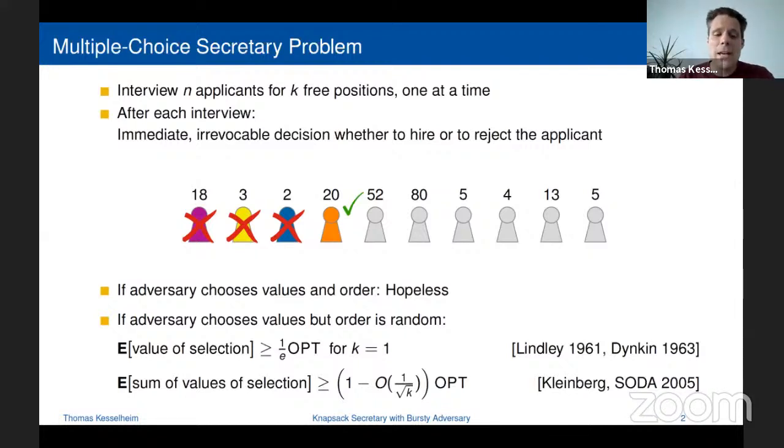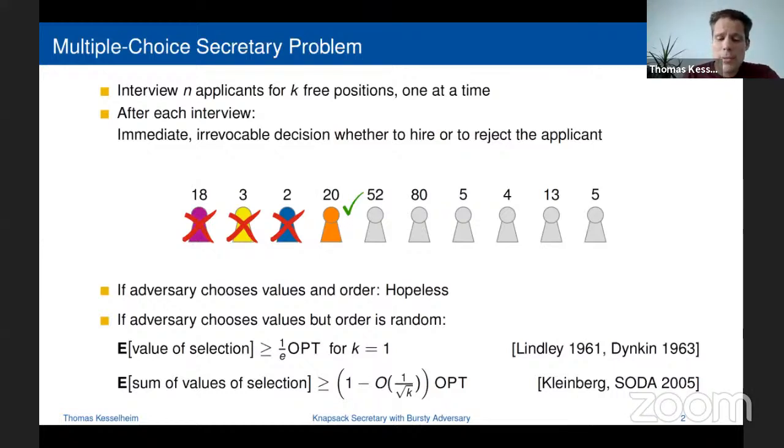But if an adversary chooses only the values, and the order is random, meaning a uniformly drawn permutation, then you can get quite good results, and you can even get closer and closer to the optimum as k, the number of selections that you can make, grows.